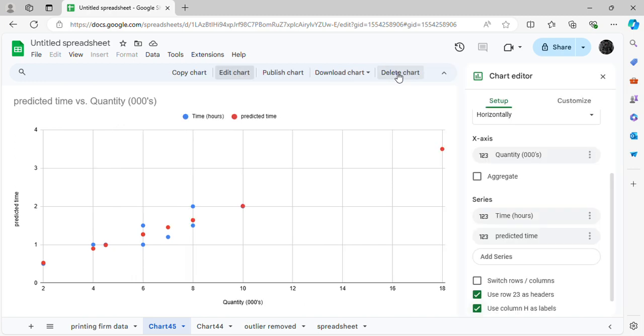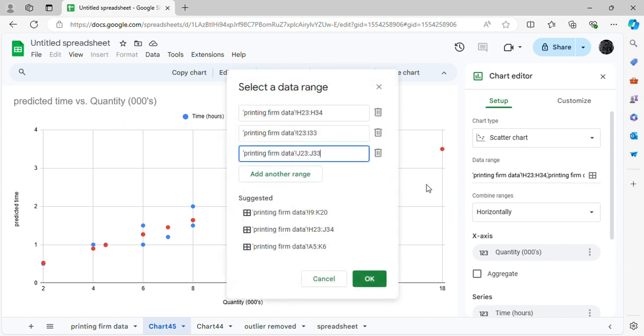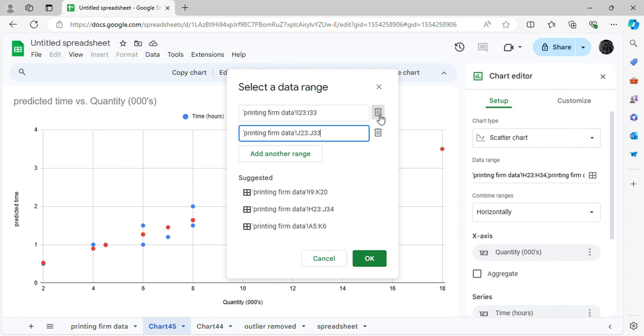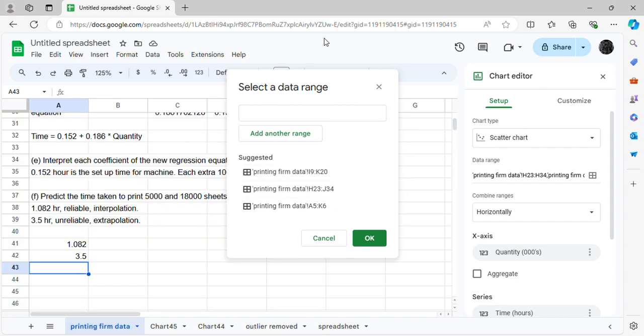Let's edit the chart. Let's add the value 5. So let's choose the data again.